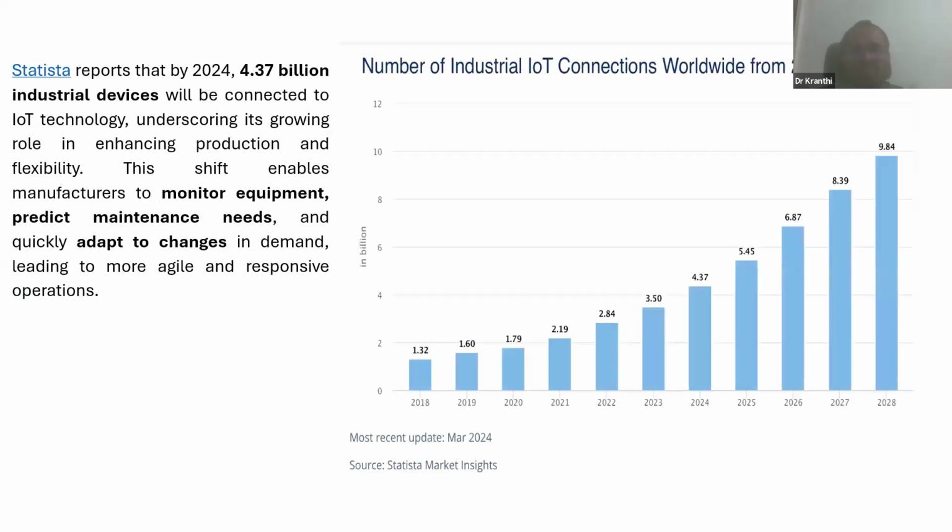And here is the number of industrial connections with respect to IoT between 2018 and 2028, reported in billions. According to Statista, almost 4.37 billion industrial devices will be connected to IoT technology. To handle such huge data, it is not possible to maintain it passively.